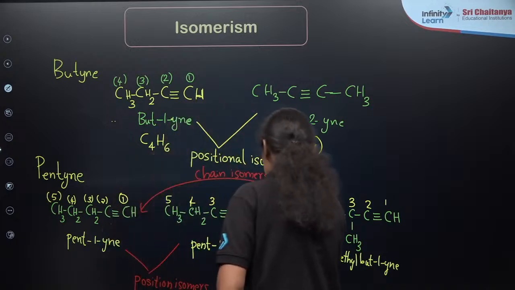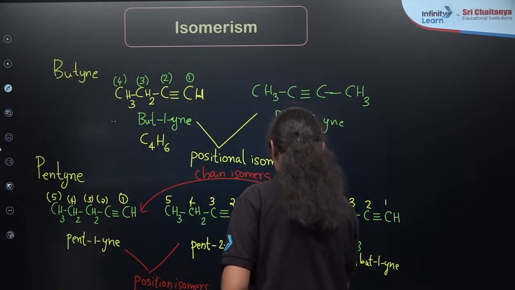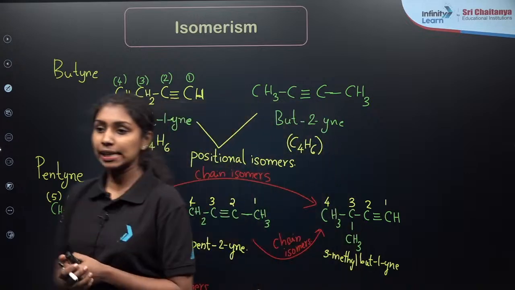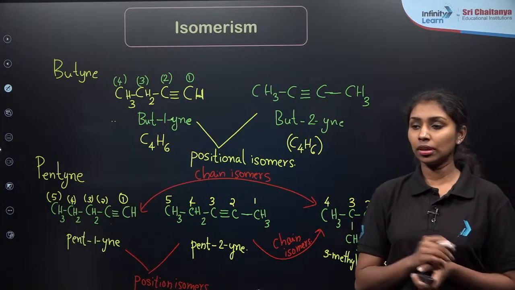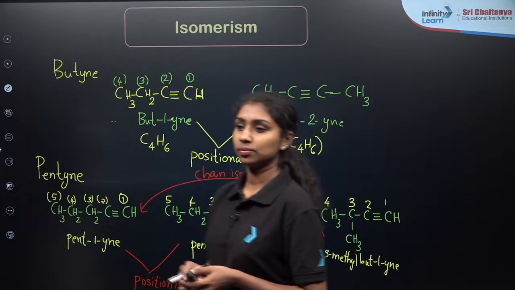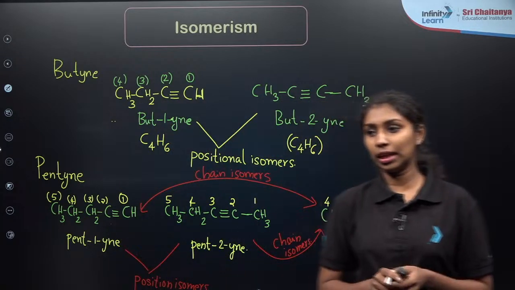Similarly, compounds 2 and 3 are also chain isomers. Is that clear, everyone? Okay, fine.